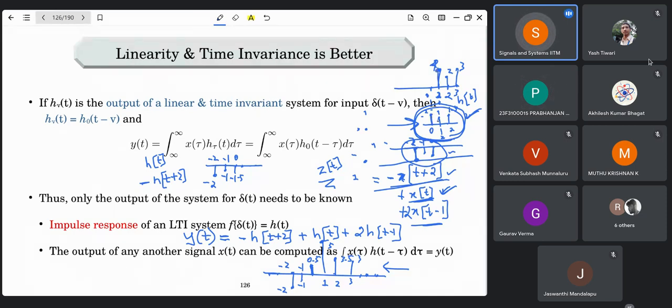How can we ensure that in convolution? We ensure that all the outputs that came at time 0 are added up at 0 by doing this time reversal. If you don't do this time reversal, then you will not get this time synchronization. Does that make sense? Yeah.